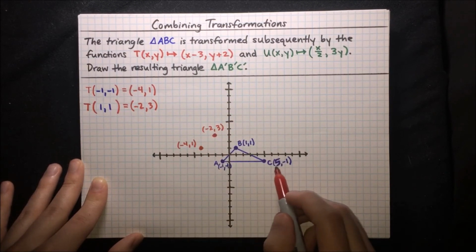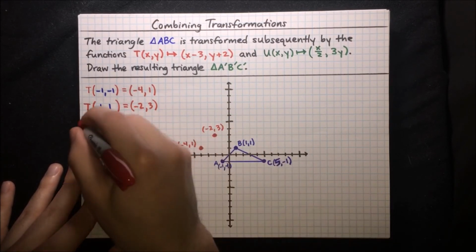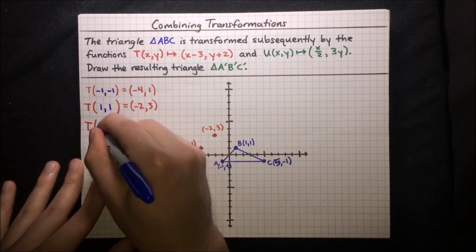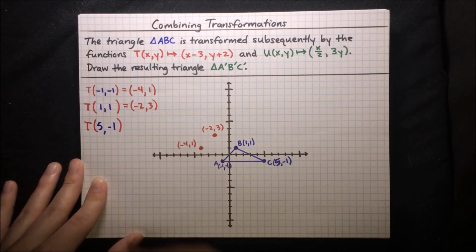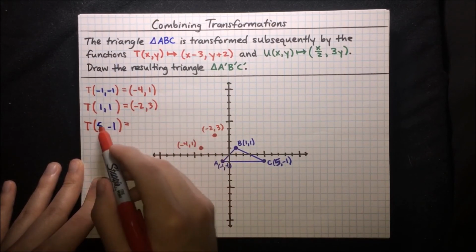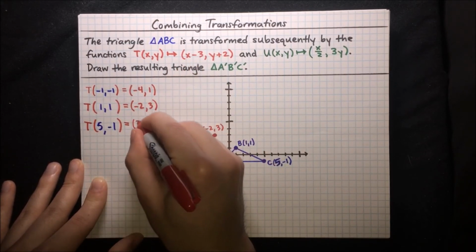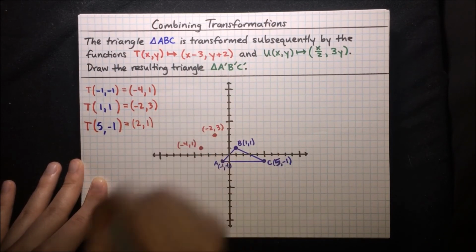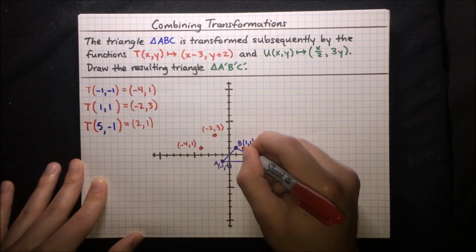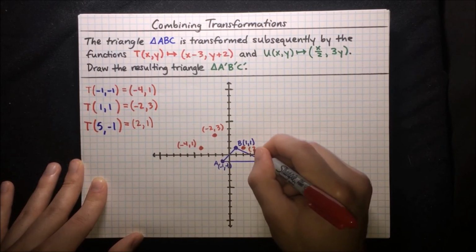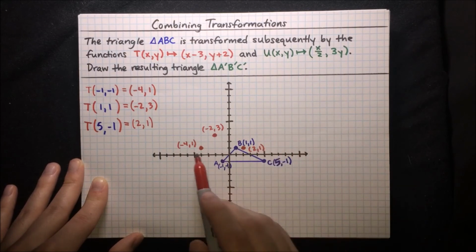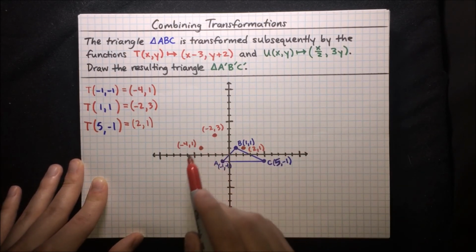Lastly, the point C is 5, -1, so applying t to that point gives us the point 5 minus 3, which is 2, and then -1 plus 2, which is 1. So that brings us to this point right here, 2, 1. And let's wait until we apply the next transformation before connecting the points, just to keep the graph nice and clean.